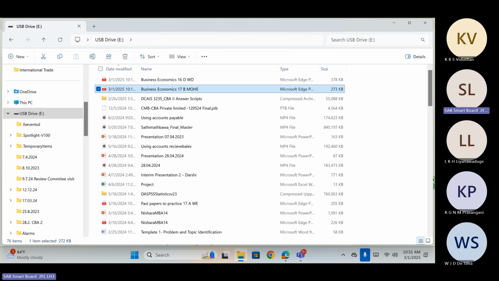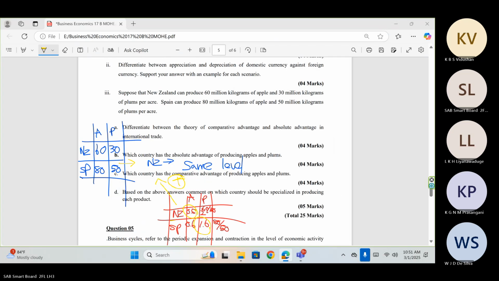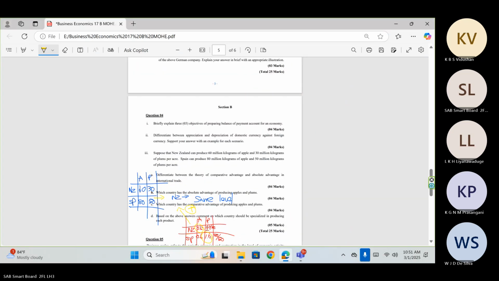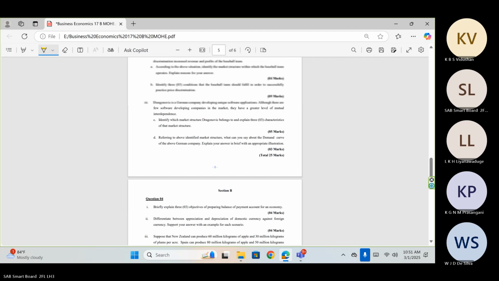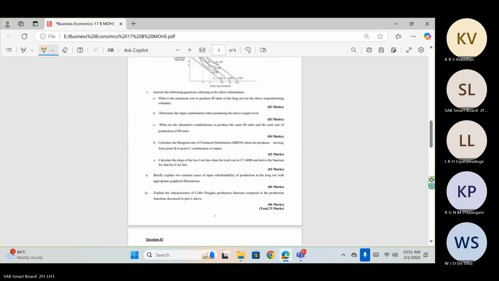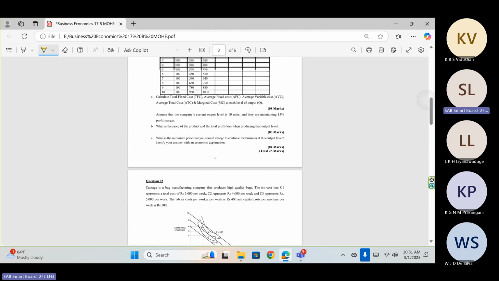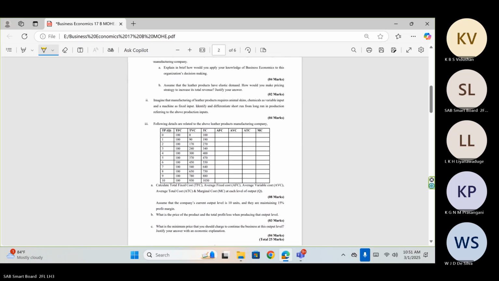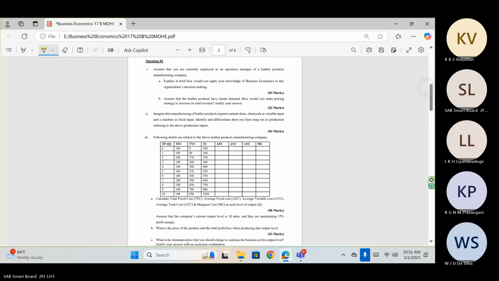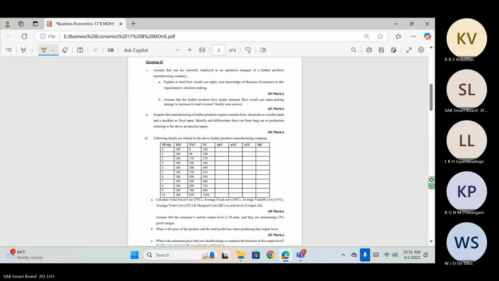Same paper we can take. You can see easy 10 marks here at the first question.